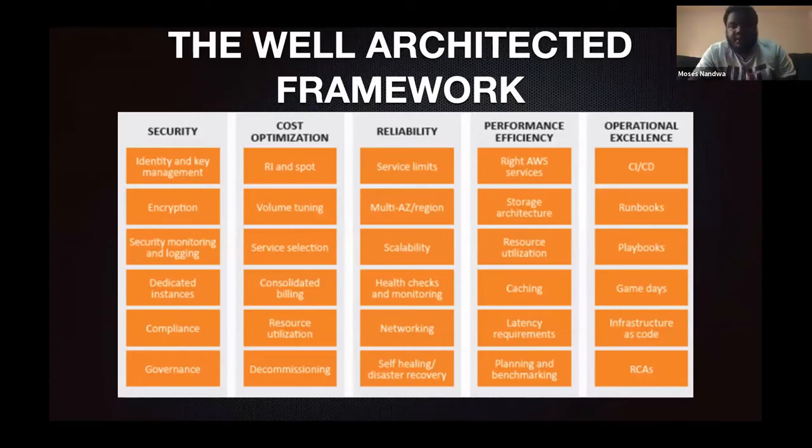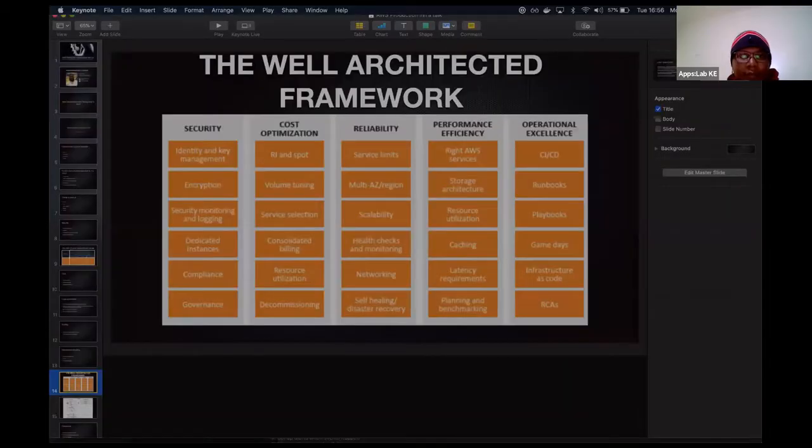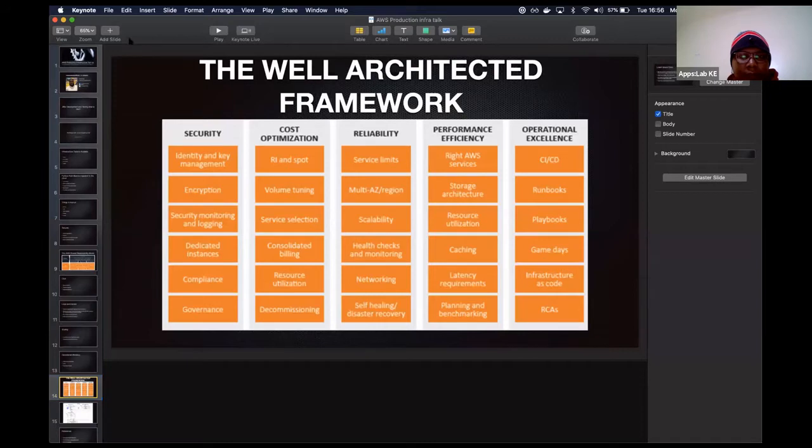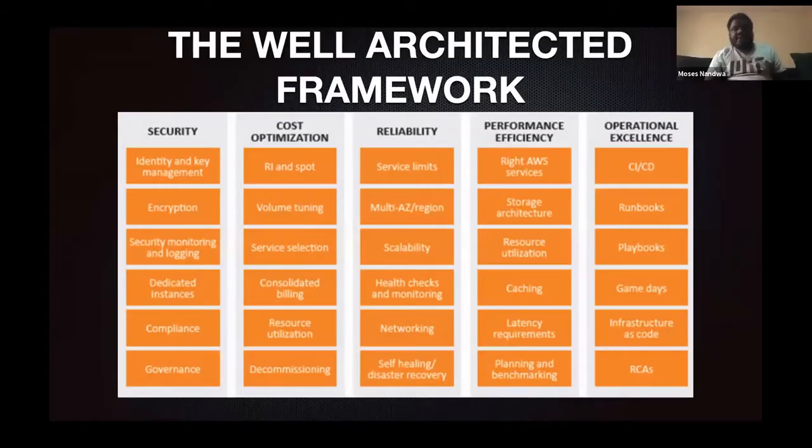Okay. So, guys, are you able to see my screen again? I've resumed sharing. All these things that we've talked about add up to something that we call the well-architected framework, which is something that is trademarked under AWS.